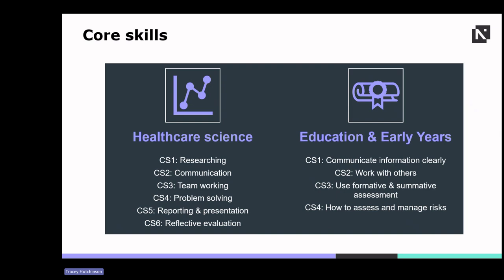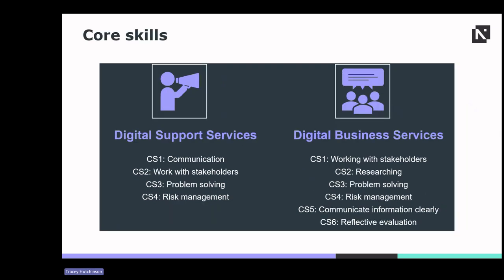Then education and early years, we've abbreviated these a little because they are a lot longer, but you can see that there are working with others, so team working, communicating, but again, they are very key vocational skills, such as use of formative and summative assessment. Again, this carries through into DSS and DBS, with the key ones for the digital core skills being working with stakeholders.